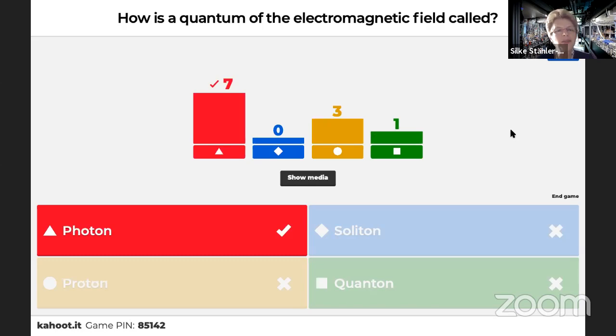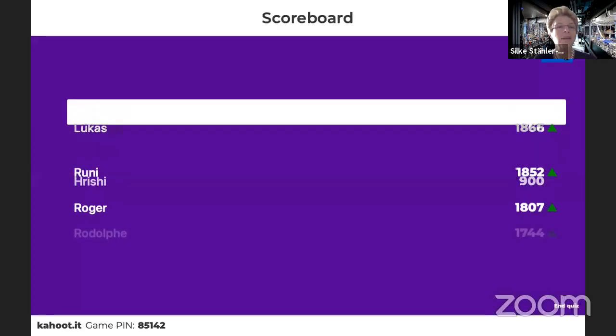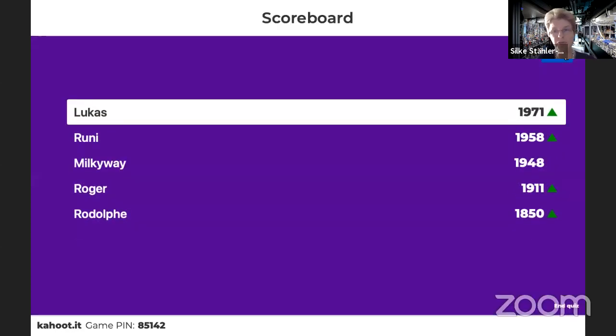Okay, many people knew that it is the photon. A proton is part of the core of the electron, and quantum, in my opinion, doesn't exist. We just invented it yesterday. So let's continue with the ranking. Lucas is first, followed by Rooney and Milky Way.